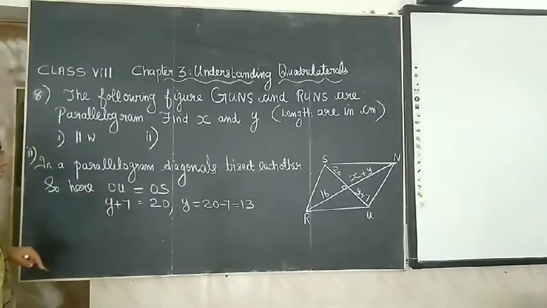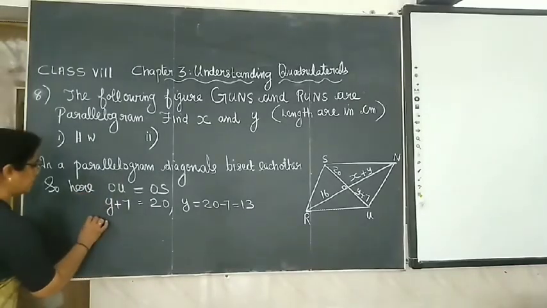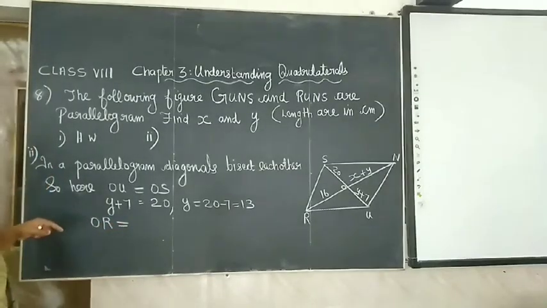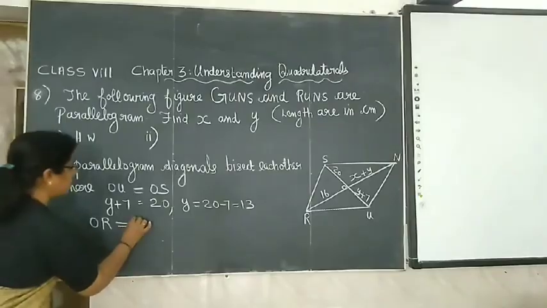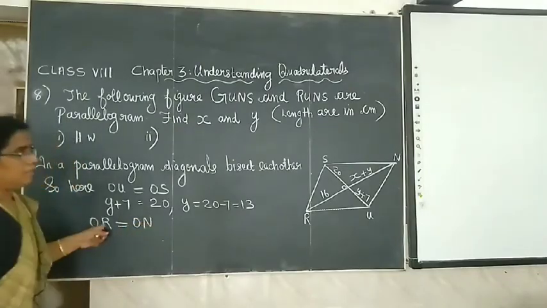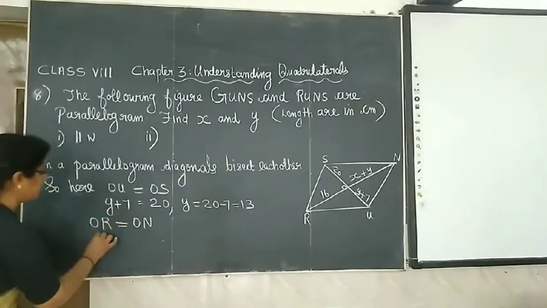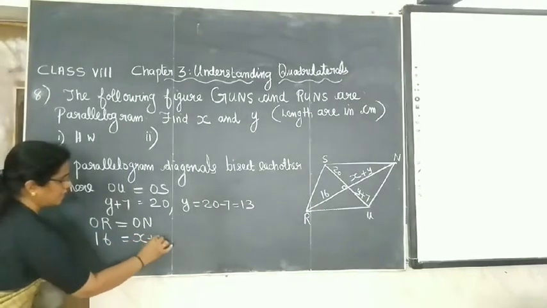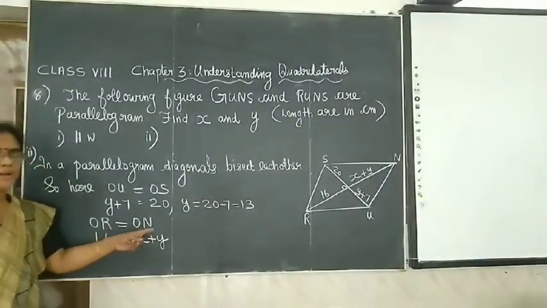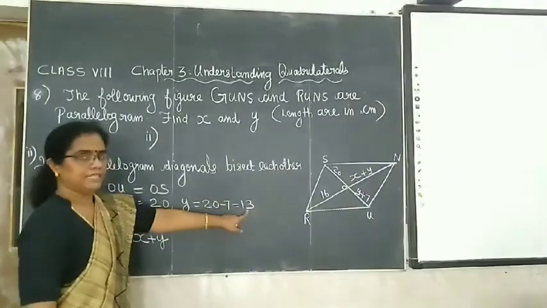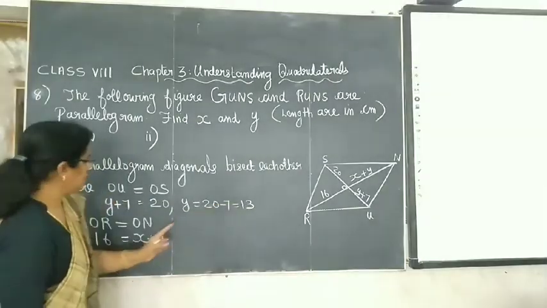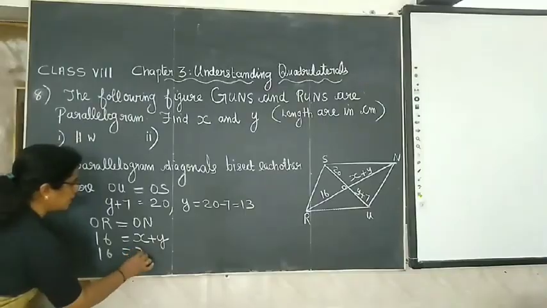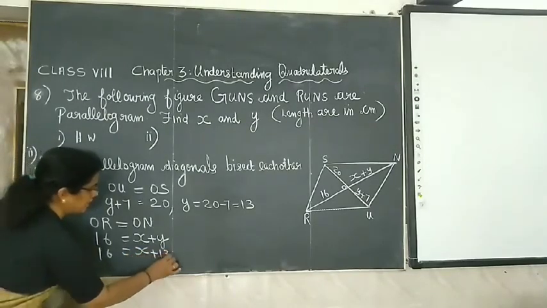Now consider the next one. OR equal to ON, and OR is 16. OR equal to 16, that is equal to x plus y. And y we got here as 13. So we can substitute that value here. 16 equal to x plus 13.